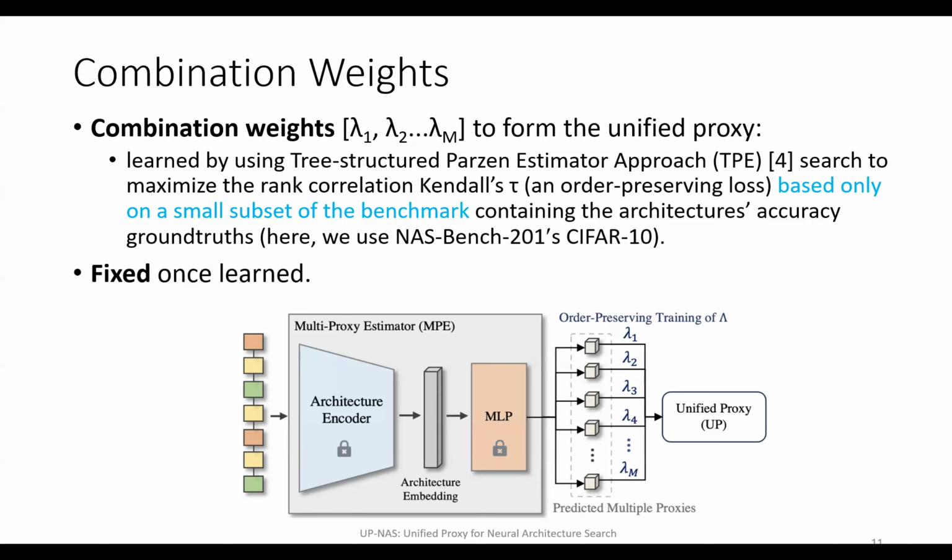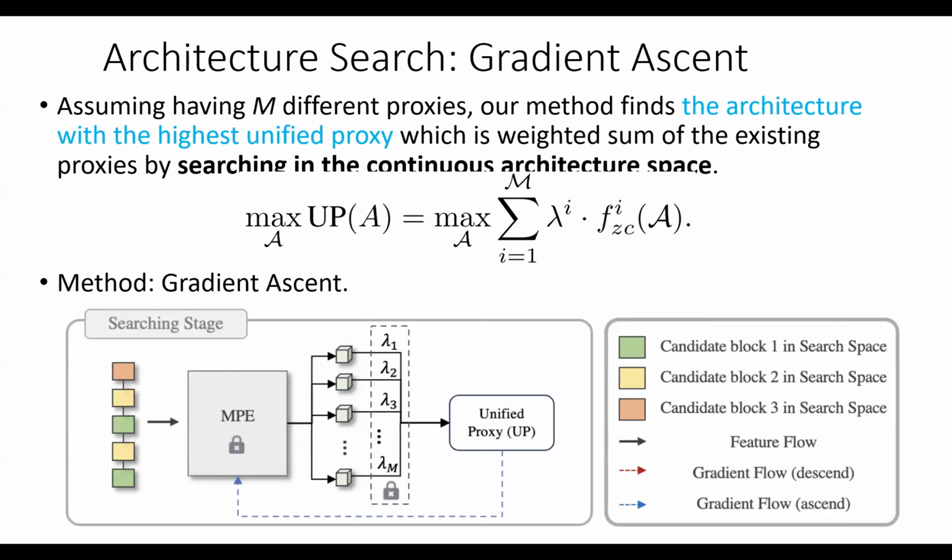Finally, when those are all done, we can then perform the architecture search on the continuous architecture embedding space simply through gradient ascent learning. So that's this part. Our entire goal is to find the architecture in the embedding space that maximizes the weighted combination of the zero cost proxies, with the weights computed and fixed.